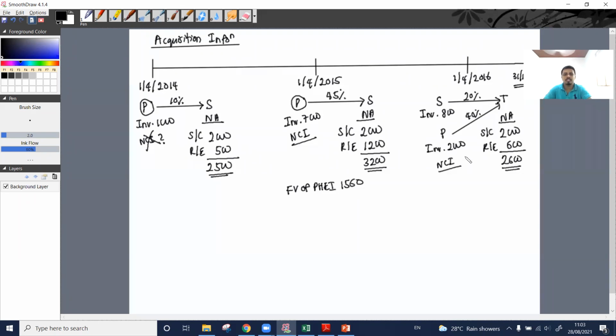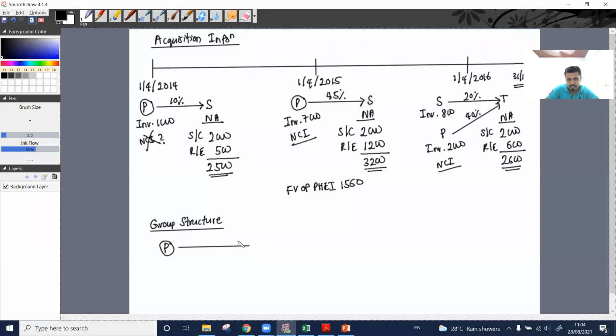So before determining NCI, what do we need to have? We need to draw the group structure. Now, how should our group structure be? See, we are company P Limited.